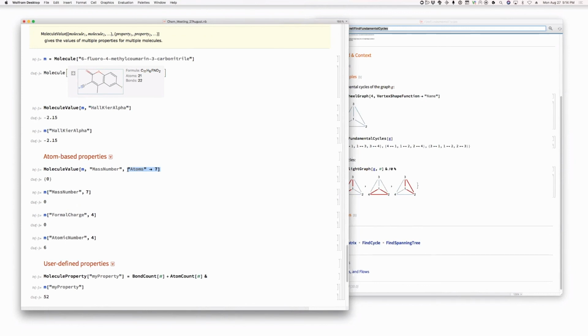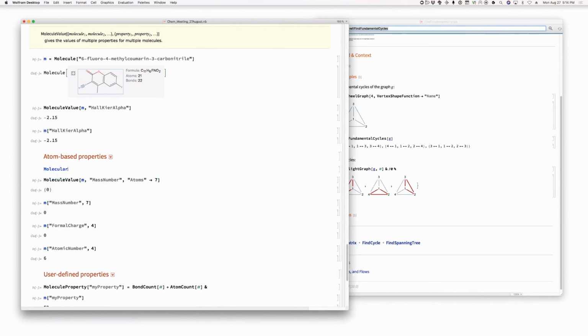What a mess. Because we can't have something which is both... Yeah, I understand, but we can't have two different ways to refer to that atom. Because one way of referring to that atom is to say molecular part of M, 7, right? And that appears to extract that atom, basically. Whereas this is the in situ version of that.